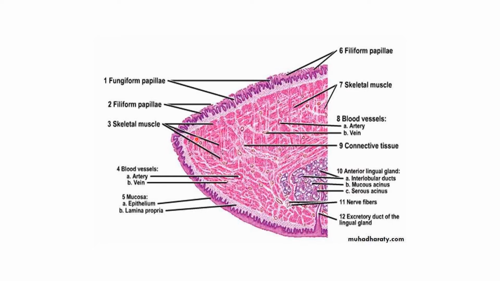So when you draw the diagram of the tongue, you have to draw both the dorsal surface as well as the ventral surface. So we have the papillae on the dorsal surface.